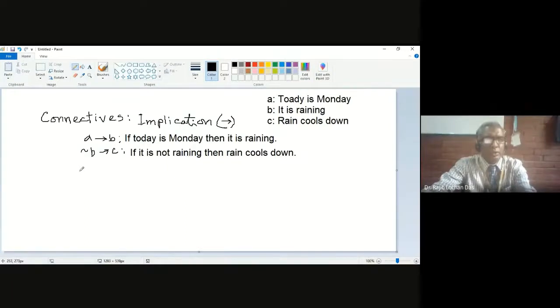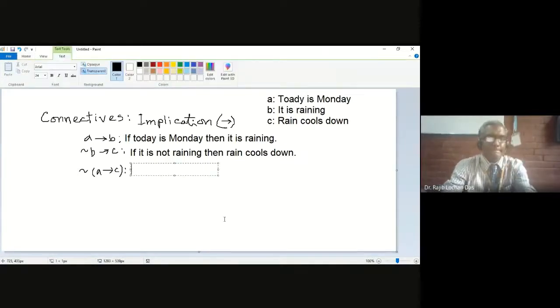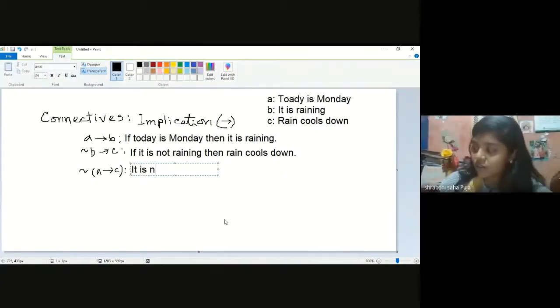So if I write not, then A implies C within a bracket, what will you write as a sentence? Sir, it's not true that.